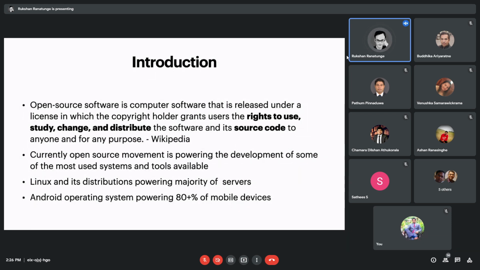Not only that, these systems have created a diverse ecosystem and interoperability among themselves, such as the Linux ecosystem, which can power a server as well as an IoT device, such as a Raspberry Pi, at the same time providing interoperability between each other.